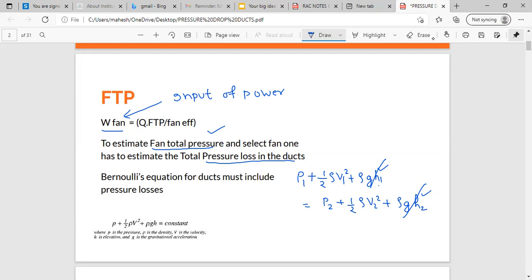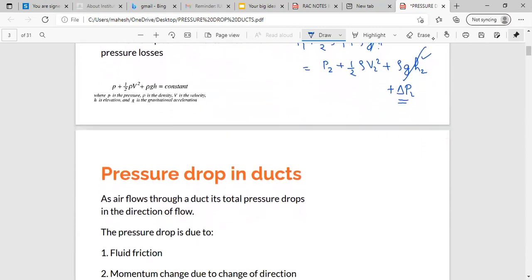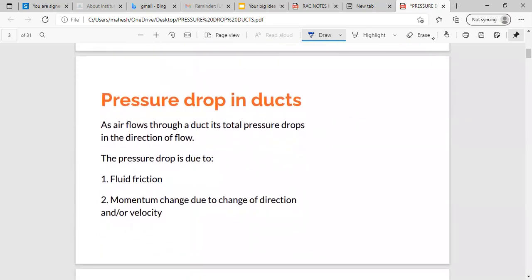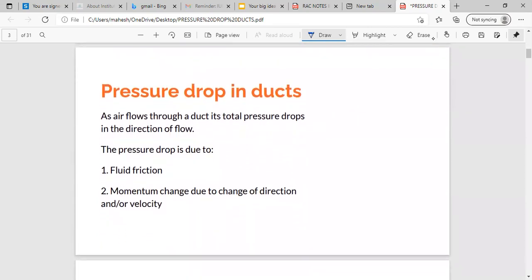However, what we see in practical life is that there is a pressure loss, and this is the pressure loss which we are interested in computing. The entire objective of today's lecture is to concentrate our attention on this pressure loss. Why do we find that there are pressure losses in the ducts?